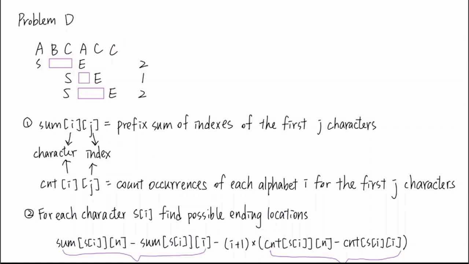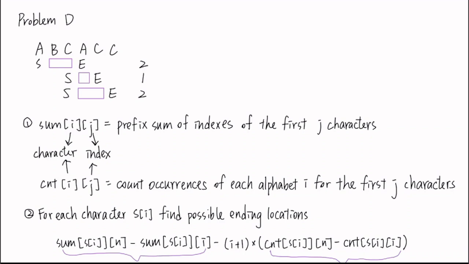So we notice that for each character, for example, if we start at C, then the number of palindromes that can be formed by starting at this character is just the distance between this character and any other character that has the same alphabet. So, which is the distance between this C and the second C, and also the distance between the first C and the last C.